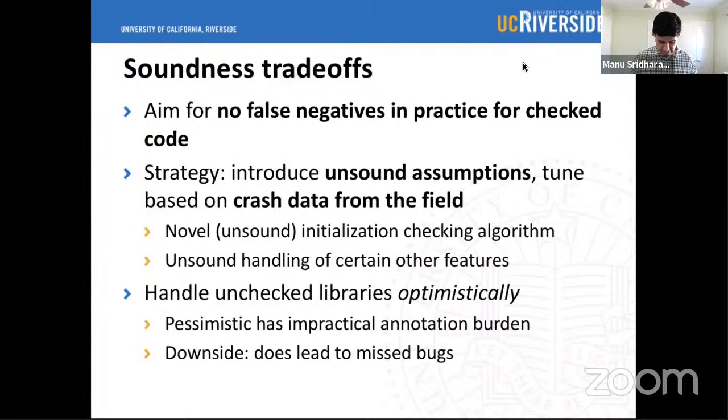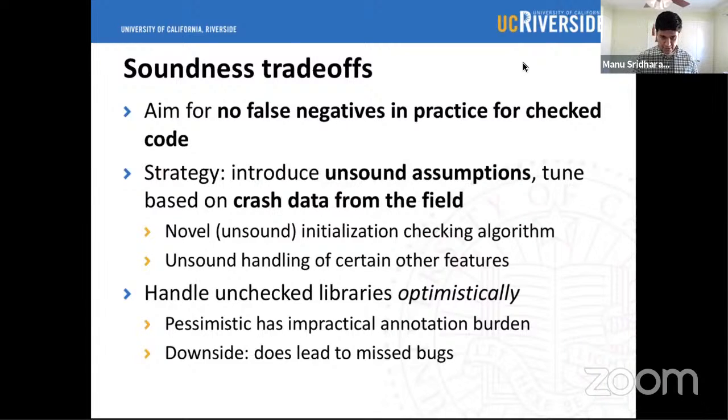So this doesn't sound great, but we found that the alternatives were worse. So if you try to do a pessimistic handling of these third-party libraries, assuming basically that they can wreak havoc whenever you pass in a null value and that they might always return back a null value to you, that just has an impractical annotation burden. We couldn't get that to work in practice.